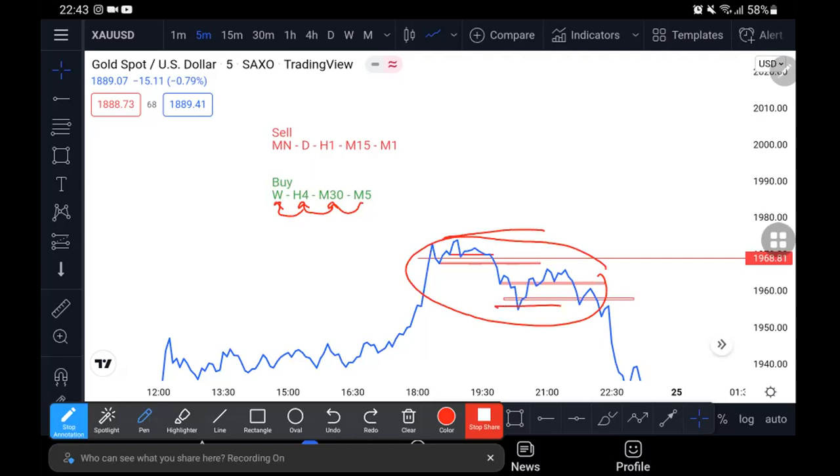Tapi 100 pip ni kalau waktu biasa kita akan dapat structure di M30. Tapi disebabkan ini news dia momentum kuat, apa yang kita dapat adalah multiple key level dekat M5. Di sini ada 1, 2, 3. 3 kali M5 breakout baru kita dapat dekat M30 dekat sini.